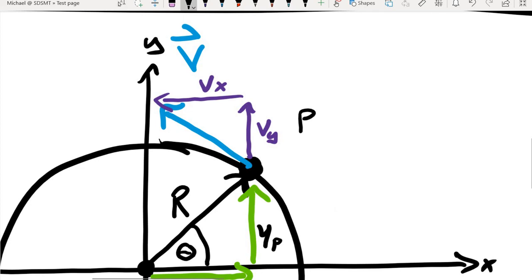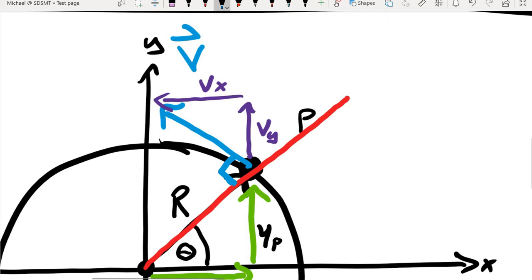If we look back at our radius vector, I'm just going to sort of trace the radius vector here, and if we just allow it to continue out a ways, the only reason I'm drawing this is so that we can see the extension of that line. We know that, given the direction that the radius vector is pointing compared to the velocity vector, there's actually a 90-degree angle here.